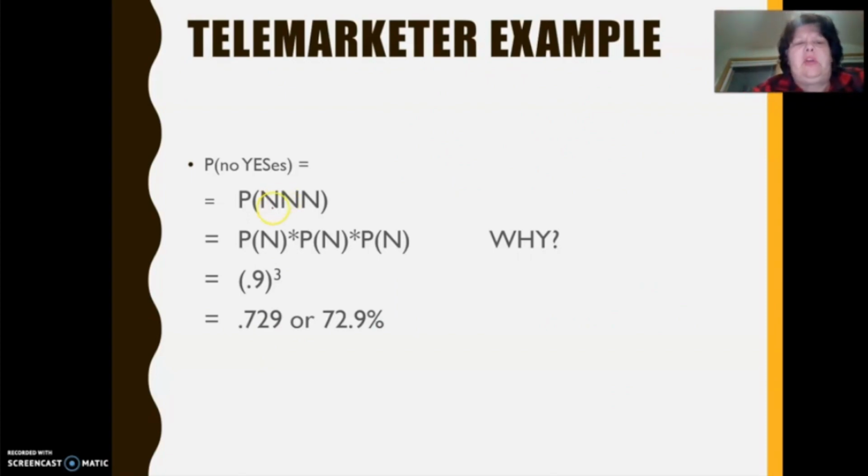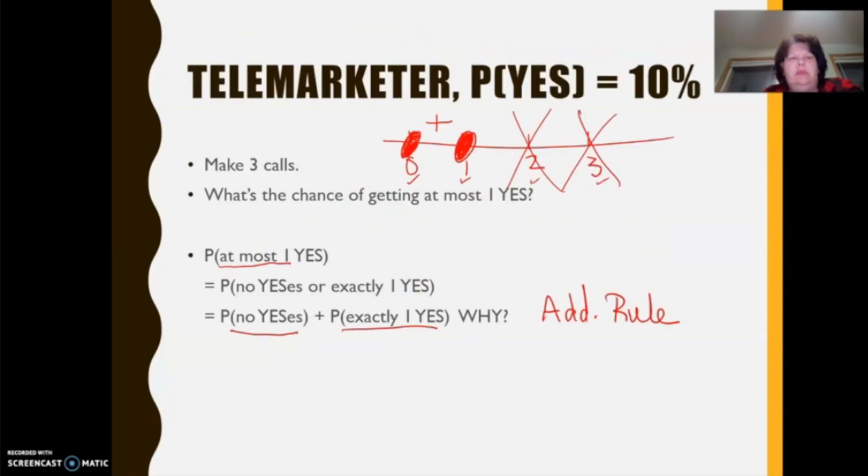That would be the probability of a no and a no and a no. Since they're independent, we can just simply multiply their individual probabilities, P no, P no, P no. 0.9, 0.9, 0.9 is 0.9 cubed, which is 0.729. So that's the probability of no yeses. No yeses just means all no's. Okay, so we got one of them done. Now we need this one.